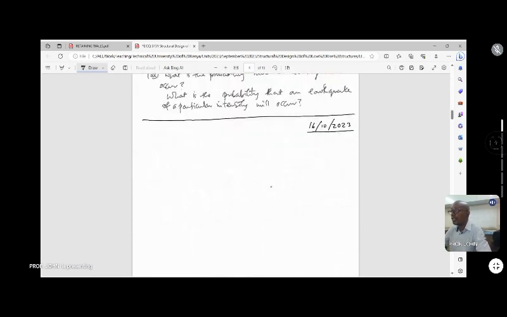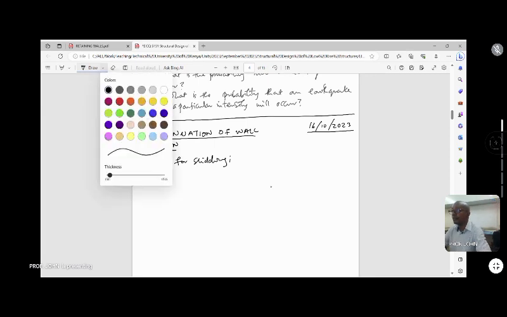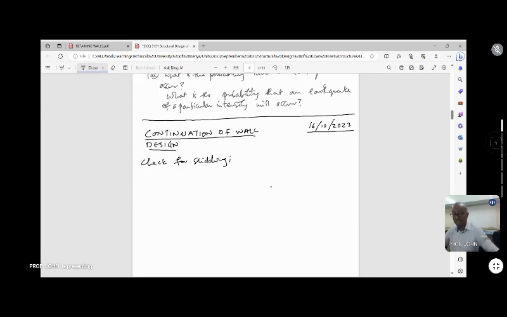So continuation of wall design. Check for sliding. Okay, and I'll continue in the same color.